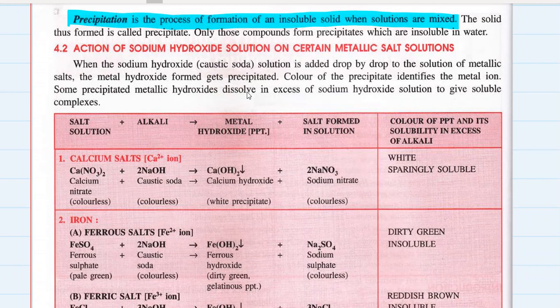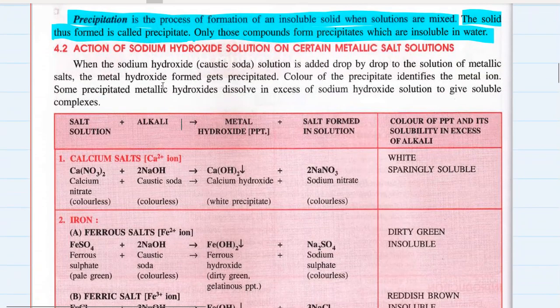And we will notice and understand its color on observation. The solid thus formed is called precipitate. Only those compounds form precipitate which are insoluble in water.